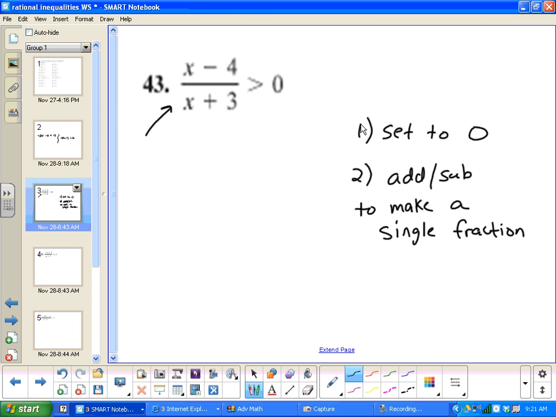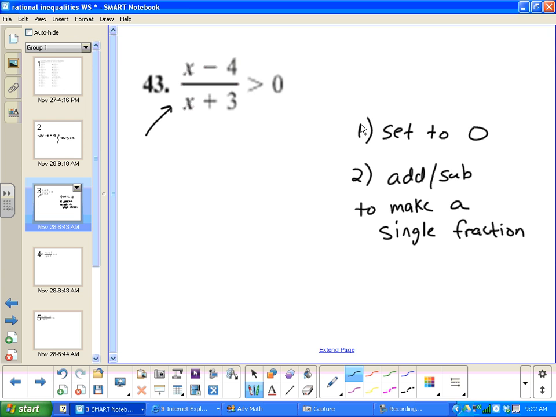That's already a single fraction. What I'm talking about is if I had something like this, I would need to add that together to get a single fraction. If I'm going to add something like that together, I need a common denominator, don't I? We'll look at that on the later examples. But that's already a single fraction, and most of them are going to be like that.